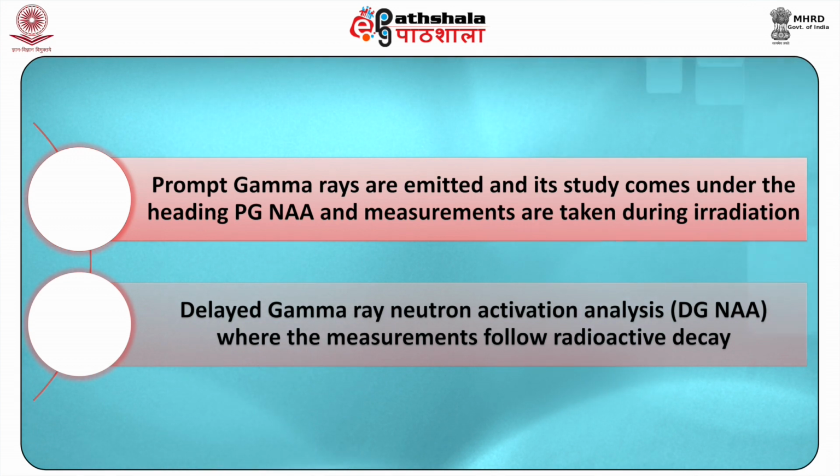Out of these two, the latter operational method is more common. Thus, when one mentions NAA, it is generally assumed that measurement of the delayed gamma ray is intended. About 70% of elements have properties suitable for measurements by NAA.